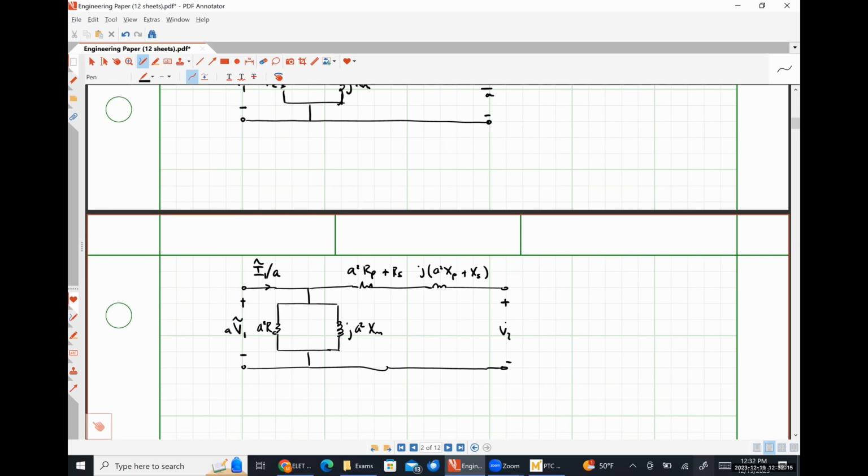This is our voltage V2. And this is our current I2. So this is the cantilever equivalent circuit with everything referred to the secondary. We are going to call this resistance REQ sub S and this reactance XEQ sub S.